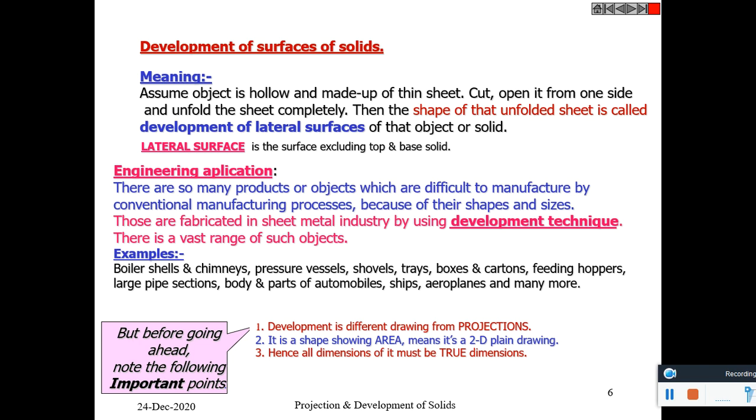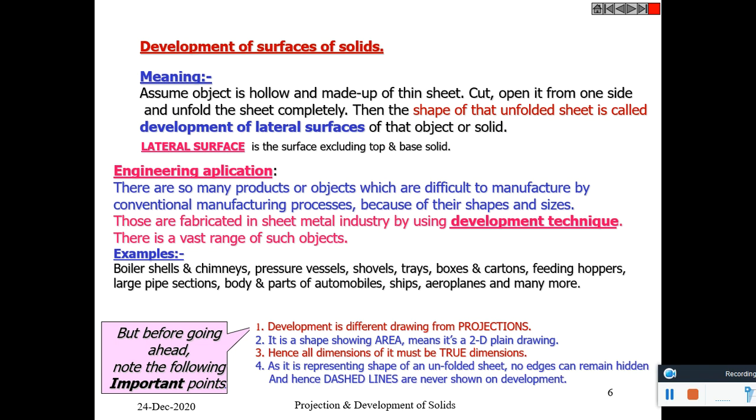Hence, all dimensions of it must be true dimensions. Usually, dashed lines are not used since there will not be any hidden portions in it, and actual dimensions are used to draw the development.